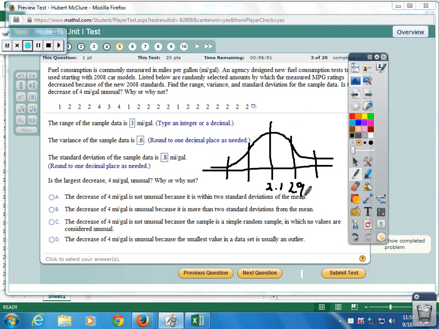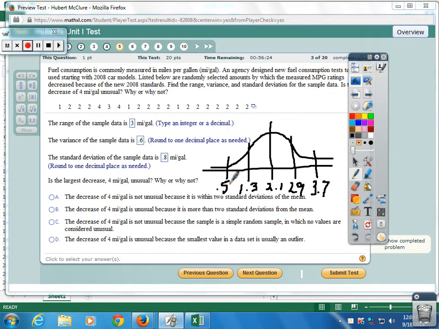Plus the standard deviation is 3 point what? 0.8 would be 3.7. And then 2.1 minus the standard deviation, that'd be 1.3. And then 1.3 minus 0.8 would be 0.5. Y'all check my numbers.